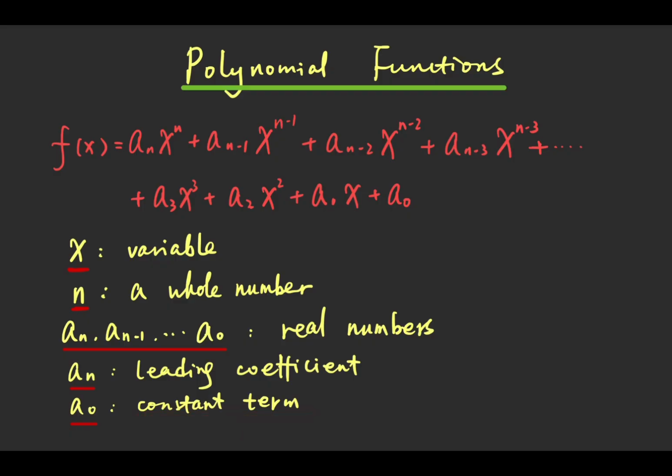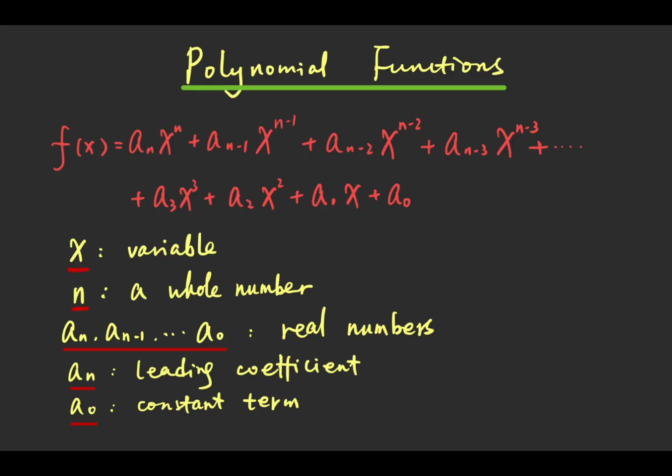Here, you must be careful. Polynomial functions are typically written in descending order of powers of x. But the exponents in the polynomial function do not need to decrease consecutively. That is, perhaps some terms may disappear. Why?